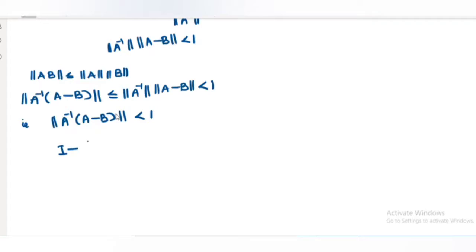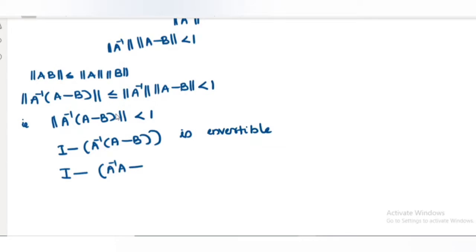That means I minus A inverse (A minus B) is invertible. Now what is actually I minus A inverse A minus A inverse B?